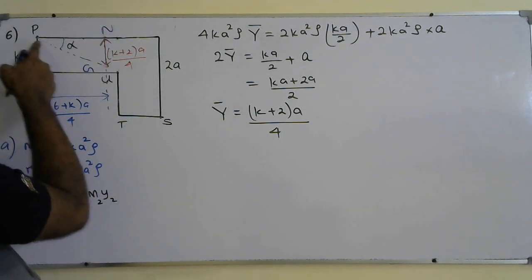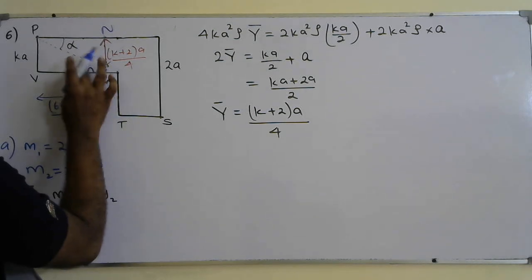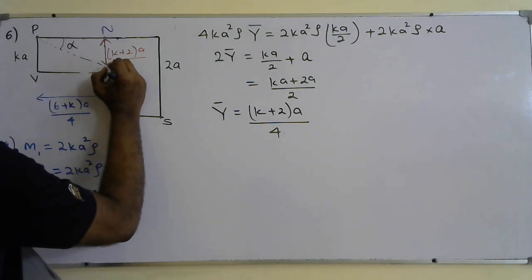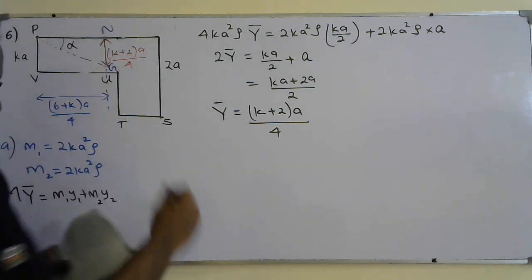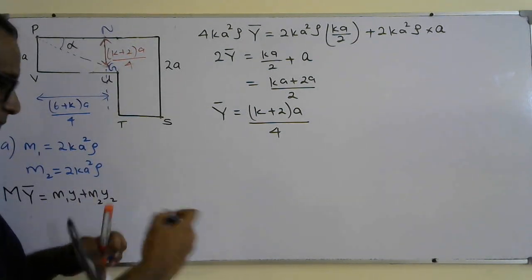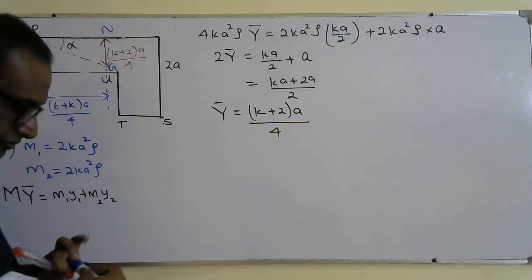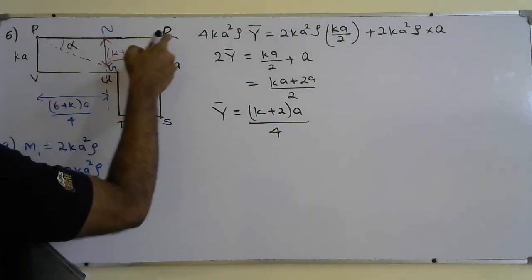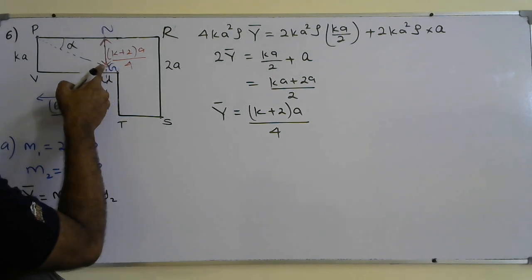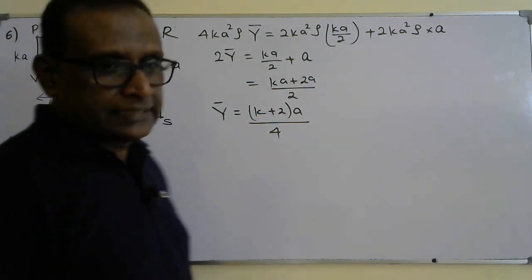So in the right angle triangle, this point is G. PG will become vertical, and with that, PR is making an angle alpha, as given in the question. So PR is making an angle alpha with the vertical line, which means PG is the vertical line.